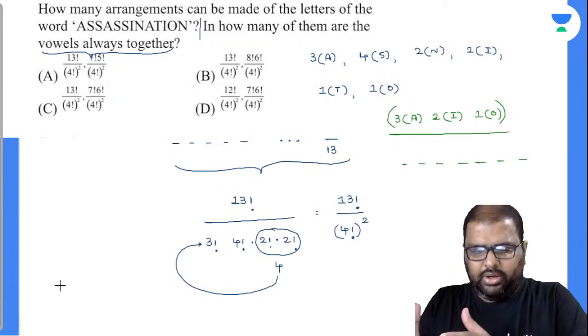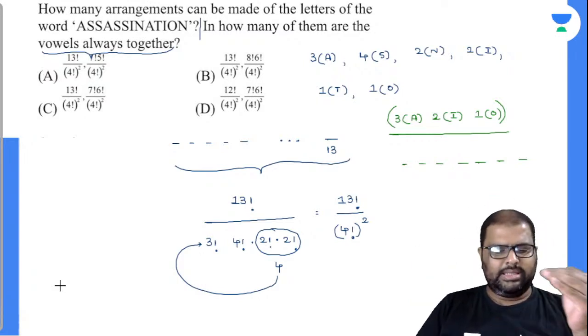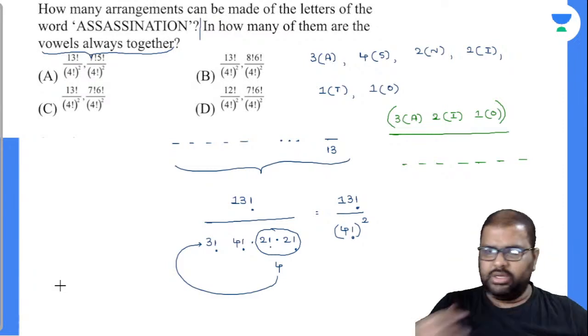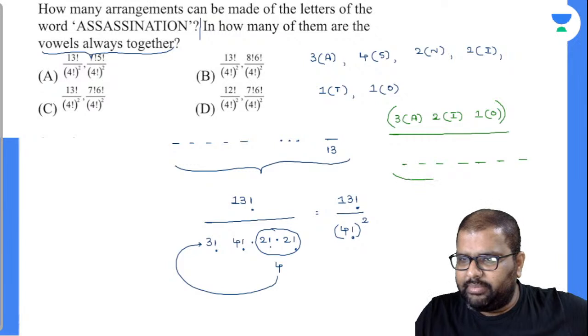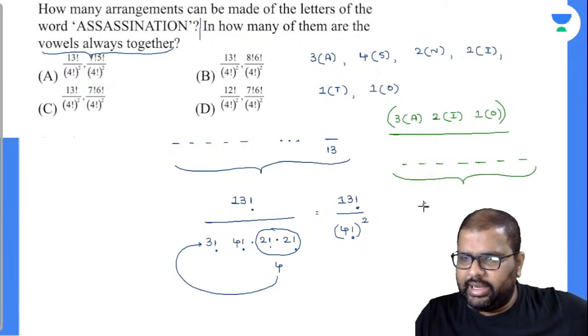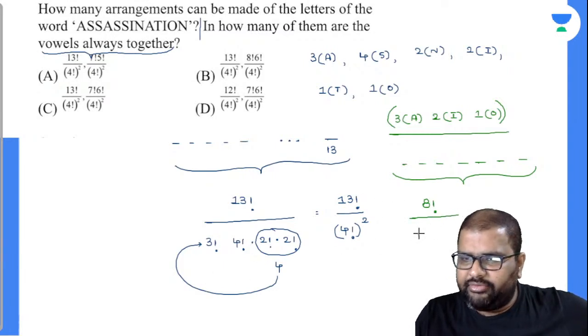Out of these 8 blocks, this vowel set might be in one of the blocks, and the remaining 7 blocks will be arranged by the 7 different letters. So 8 blocks can be arranged in 8 factorial ways. In these 8 blocks, are there any duplicates? Yes, there are 4 S's and there are 2 N's.